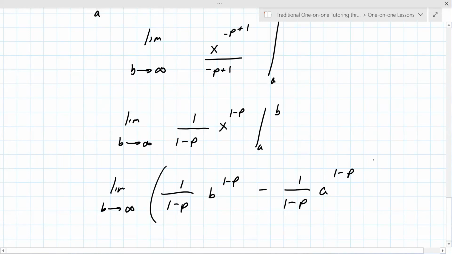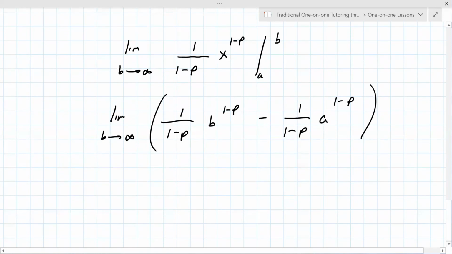And this is where, if P is greater than 1, look at this B to the 1 minus P. Let's say P is 2, for example, so it's 1 minus 2 here. It produces 1 over B to the 1.